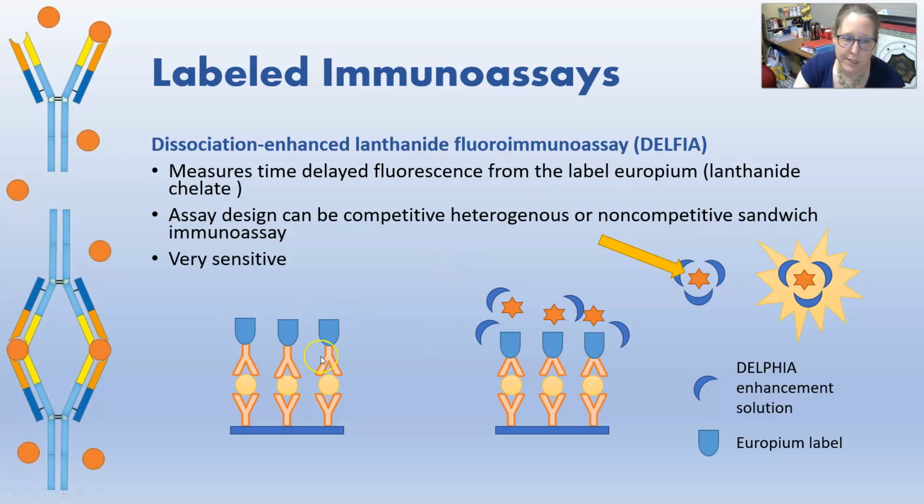And so this represents a non-competitive sandwich one, where you have the analyte of interest here in yellow, you have capture antibodies, and then you have antibodies labeled with europium.